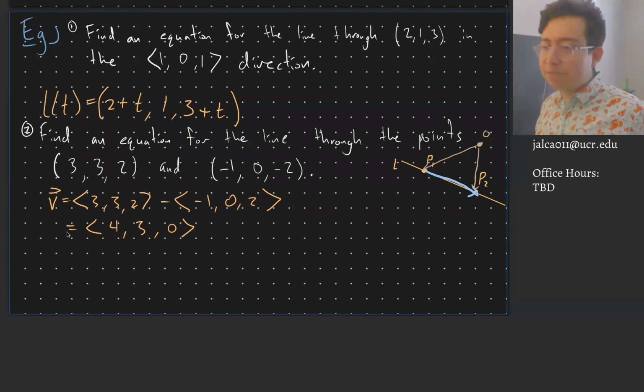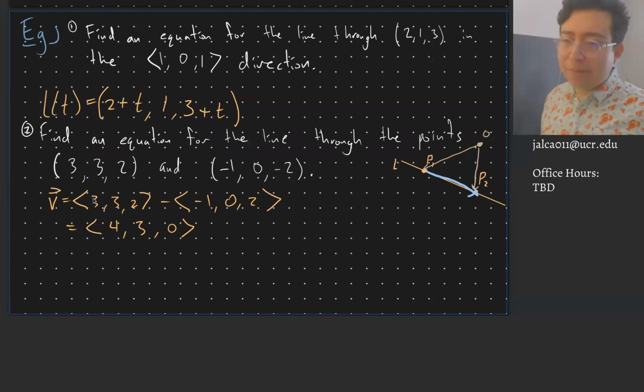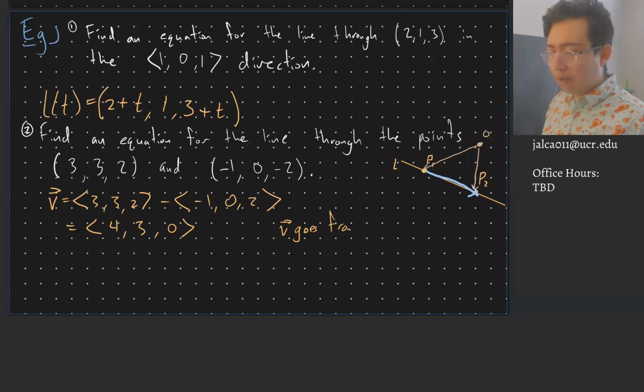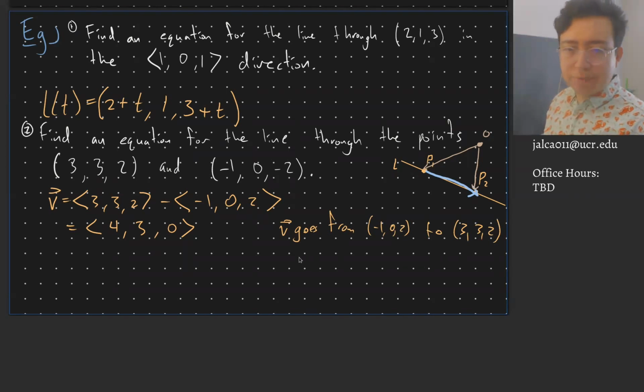So now this gives me my vector. And because I subtracted in this order, this vector V goes from -1, 0, 2 to 3, 3, 2. So I should probably base it at -1, 0, 2.